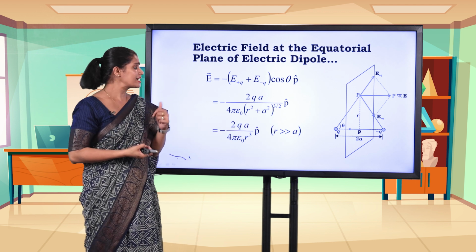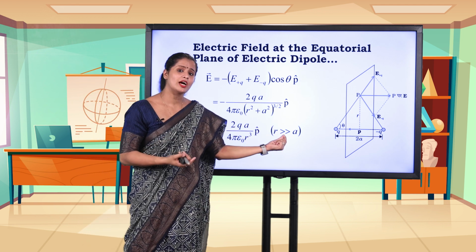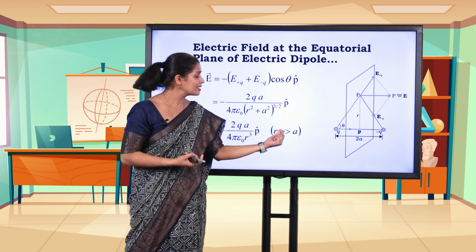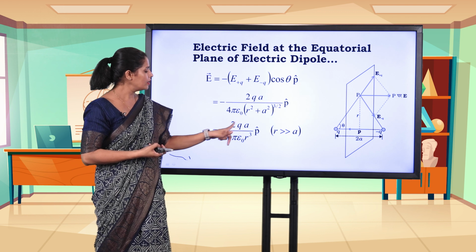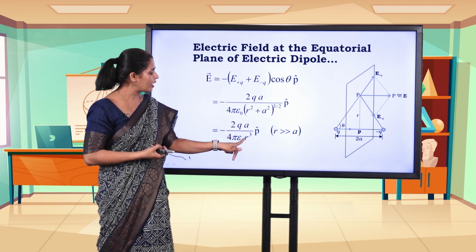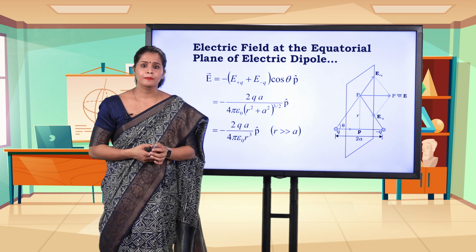Again, if we consider that the distance is much larger as compared to the distance between the charges, then it will be 2qa upon 4 pi epsilon naught r raised to the power 3.